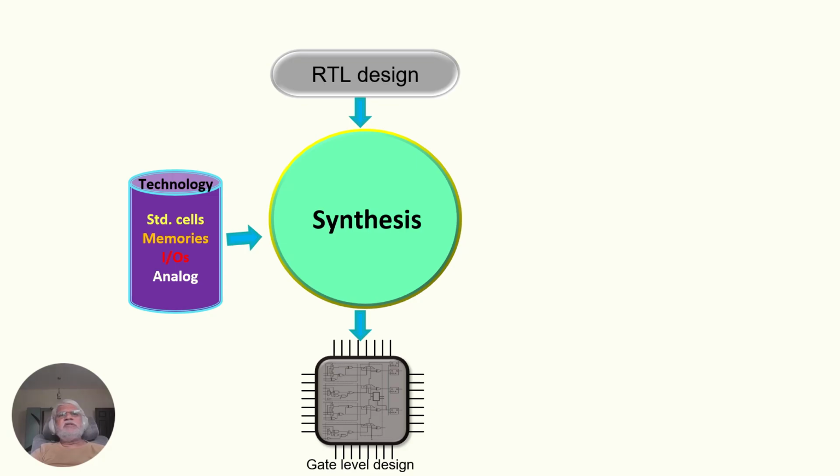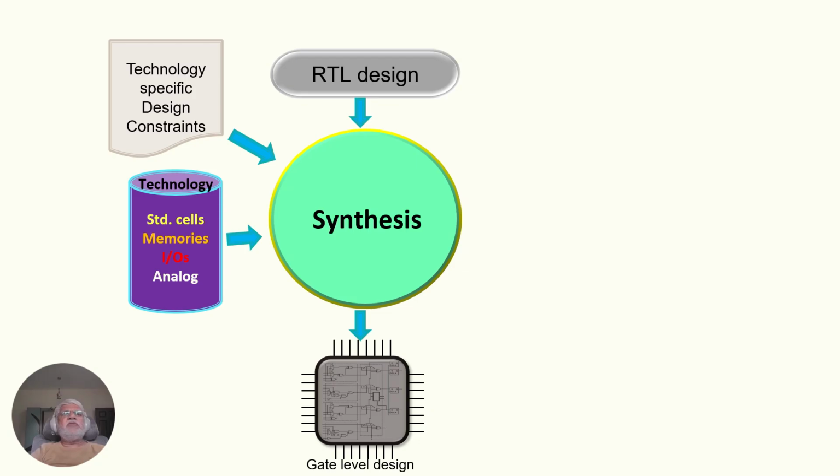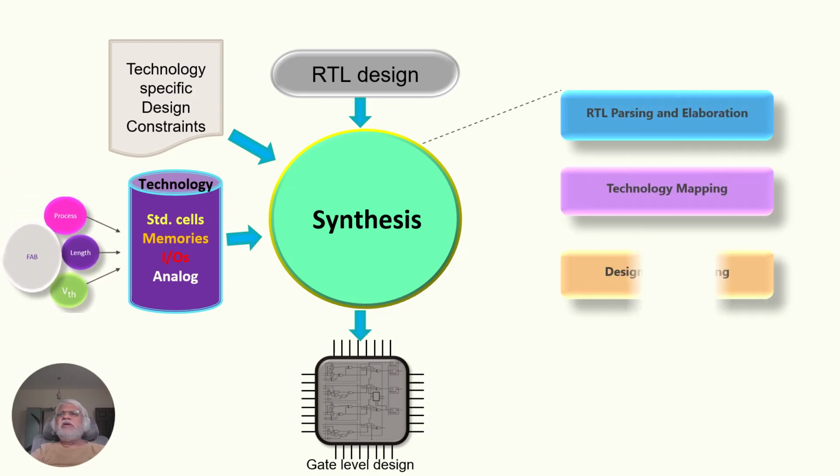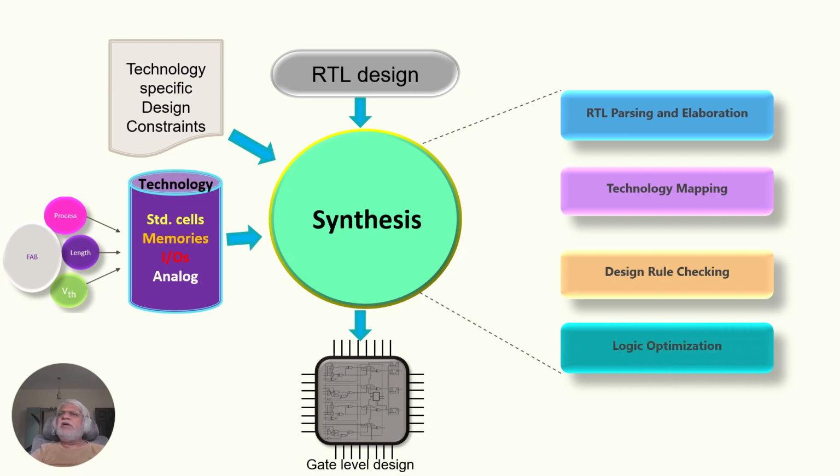As described in this diagram, the RTL is fed to the synthesis along with the IPs and associated design constraints. Then the RTL design will be elaborated, technology mapping and design rule checking is done, and logic optimization is done. This is as we have discussed earlier in the other parts.